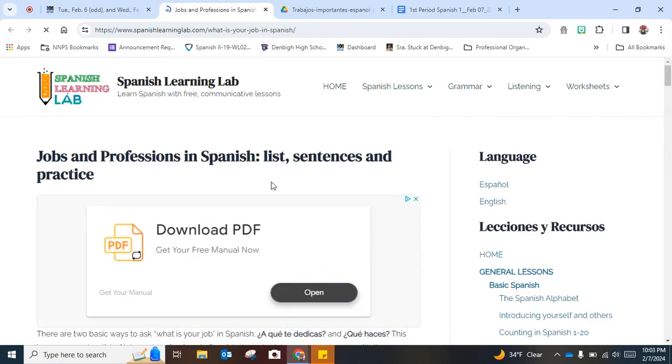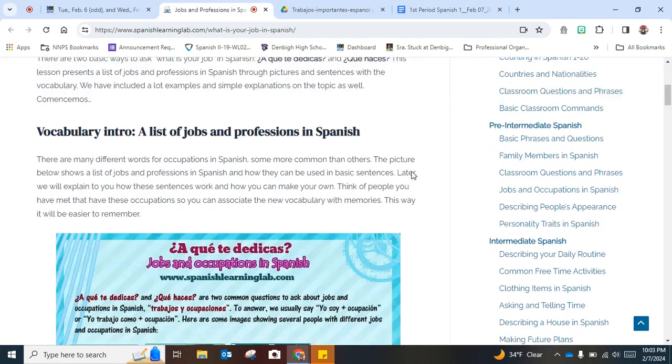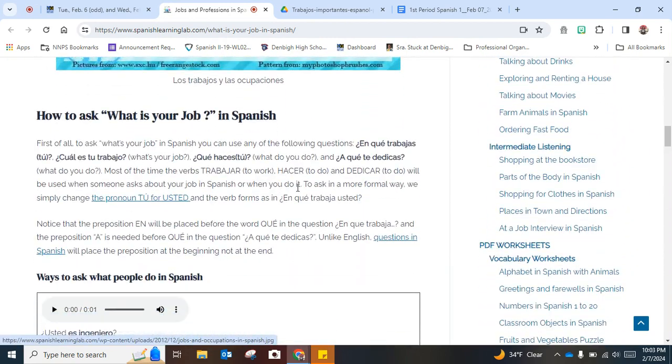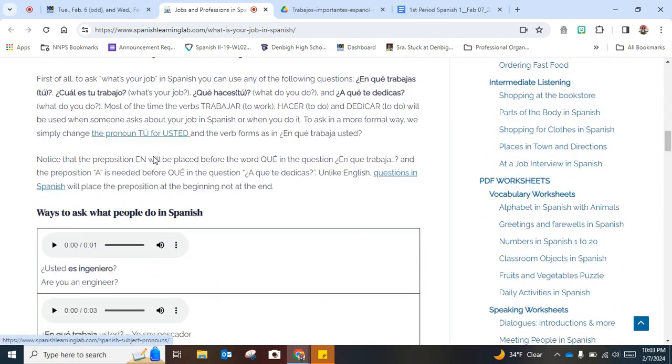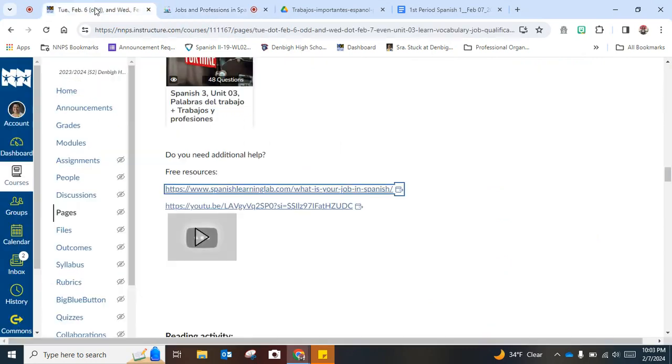I don't know if the video is actually still working for it or not. Okay, here we go. So there's pictures, and the pictures help. And this reads this out loud to you. So when you click on that, it reads it out loud. And then over here, it gives you a little YouTube video. If I click on it, it may ruin this video, but let's see what it does.